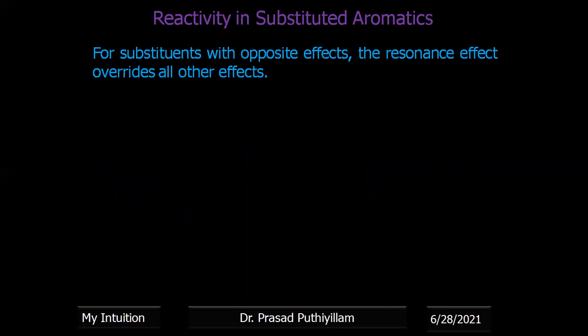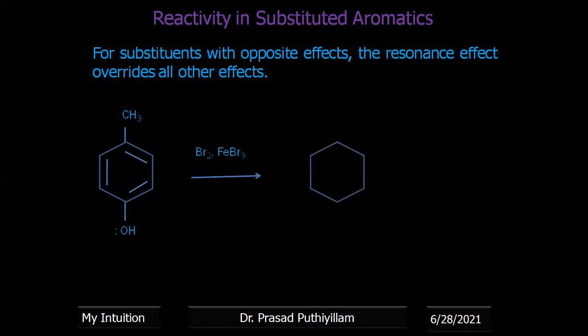Now, for substituents with opposite effects, the resonance effect overrides all other effects. That example I'm taking is hydroxyl substituted toluene with Br2 and FeBr3, that is a bromination reaction. Now, for the OH group, substituent with opposite effect, the resonance effect overrides all other effects. So both are electron donating, but through different effects.